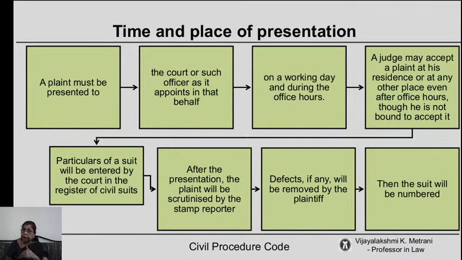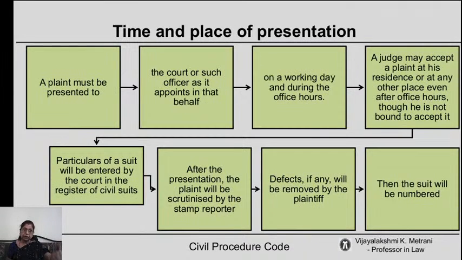In which court it has to be sent, that also is decided, and that judge decides the particular conditions relating to the stamps and everything. It is scrutinized by the officer, and then finally it is allotted to a proper court. It is numbered, and you are notified which court you have to appear in at the next hearing, or when the first hearing is.